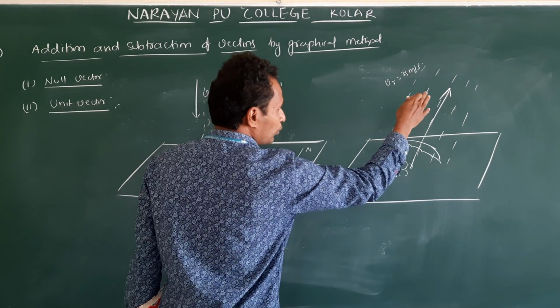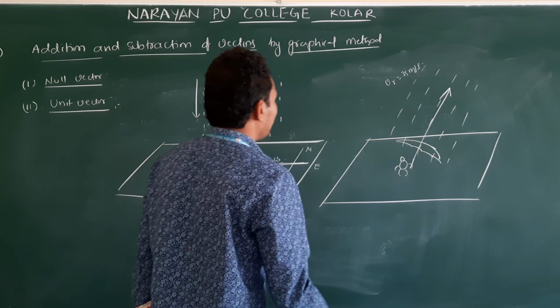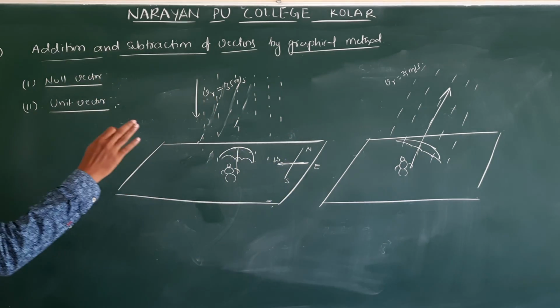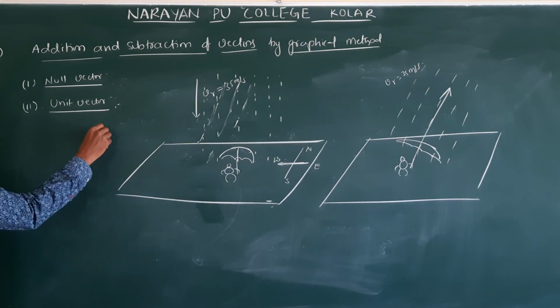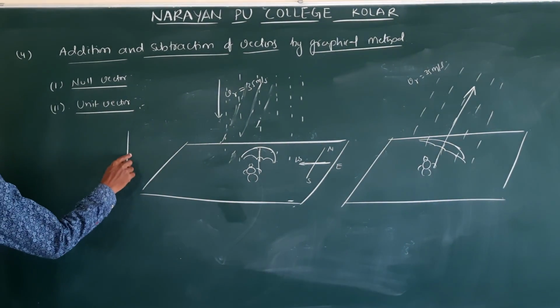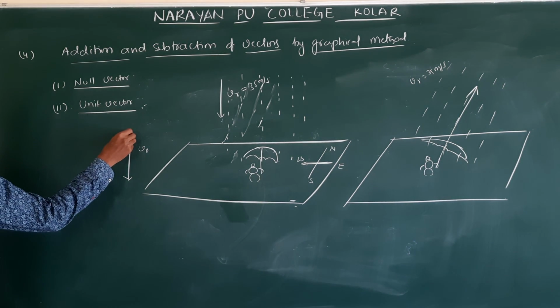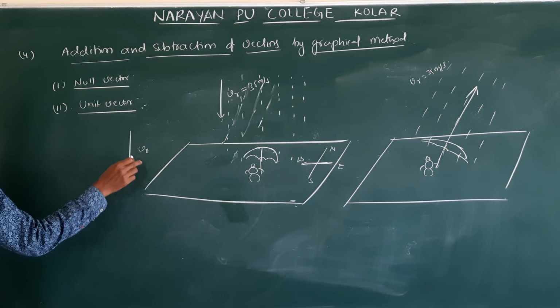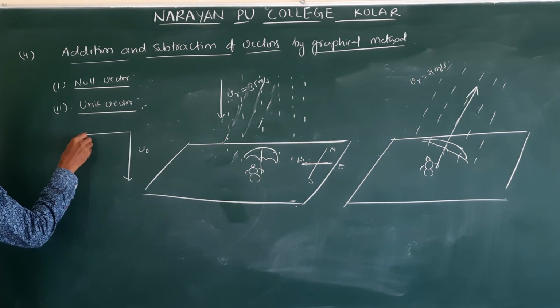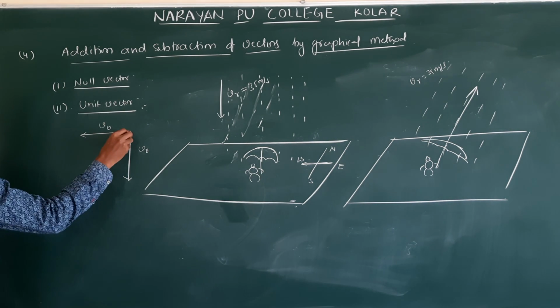Now he has to hold the umbrella to avoid the wet. Now I will draw the vectors forming here. Initially, clear? What is this initial direction? VR. Then the wind is blowing in this direction. Am I correct? Velocity of wind.